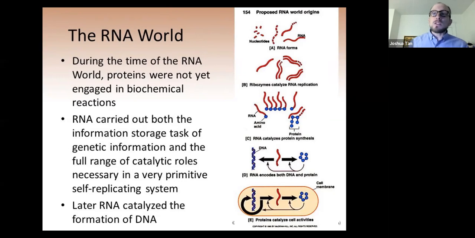And the hypothesis we're going to look at most carefully is this one you can see here, called the RNA world. The RNA world is a hypothesized time which would have occurred about 4 billion years ago on planet Earth, right after the planet had cooled after its initial formation.